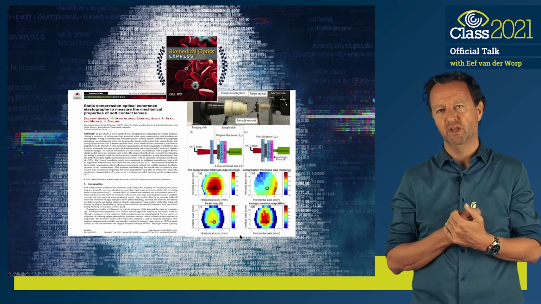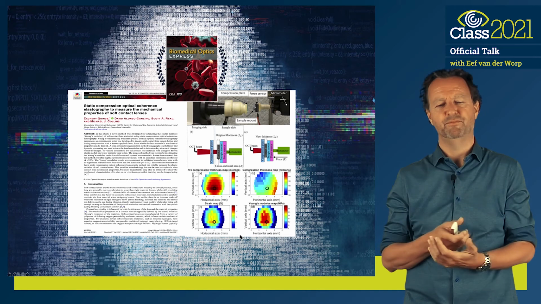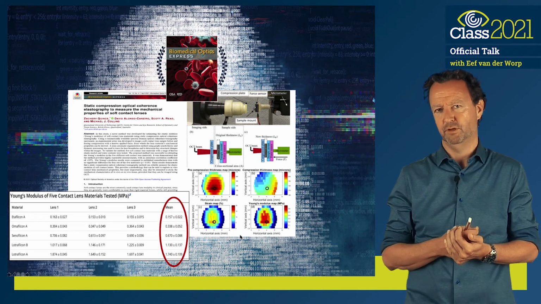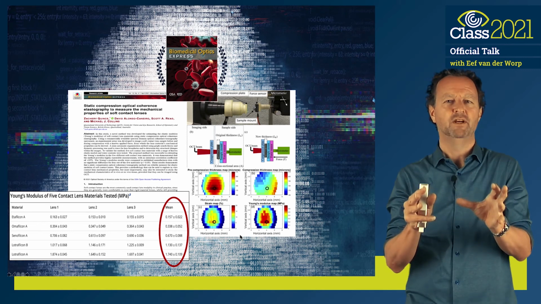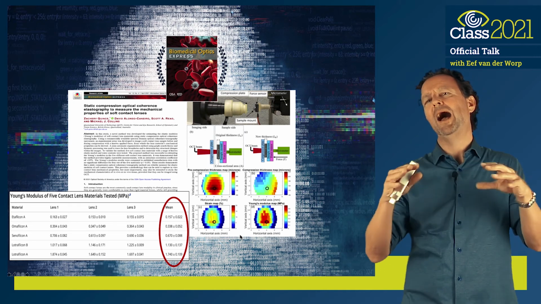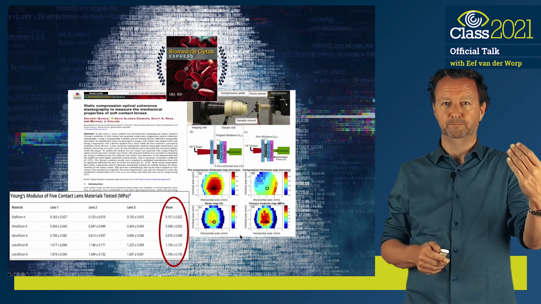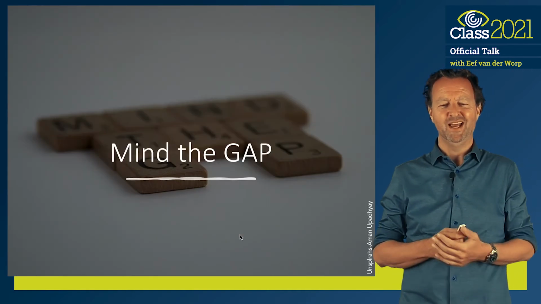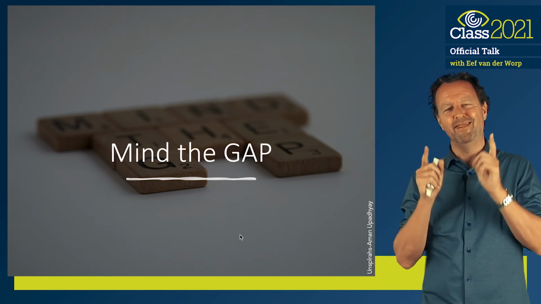This is another brilliant paper from the guys from Brisbane, Australia, and they developed this method to look at the modulus, the stiffness of different soft lens materials, and hopefully we can use this kind of technology to better understand how stiff a material is and how that may impact the amount of flexure or fudging or fitting, or it's an F factor, that's for sure, and that is something we have to define going forward, and that is the gap.